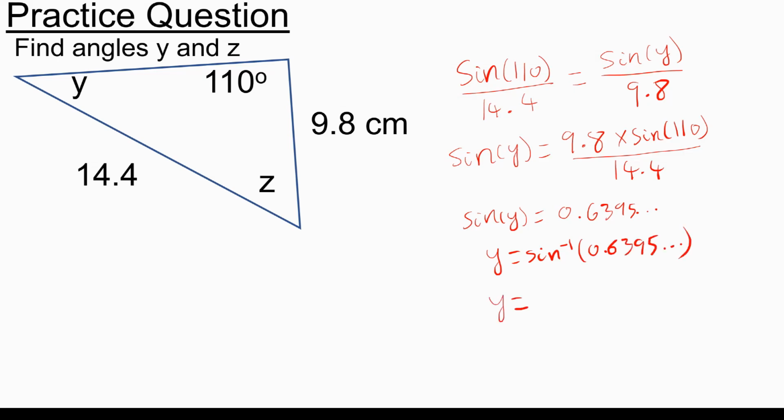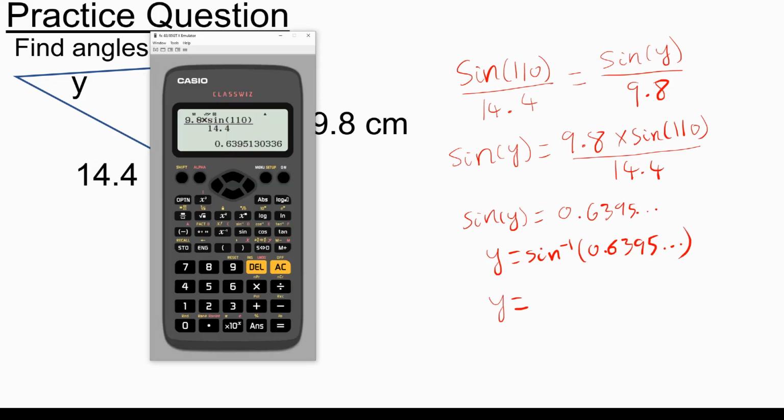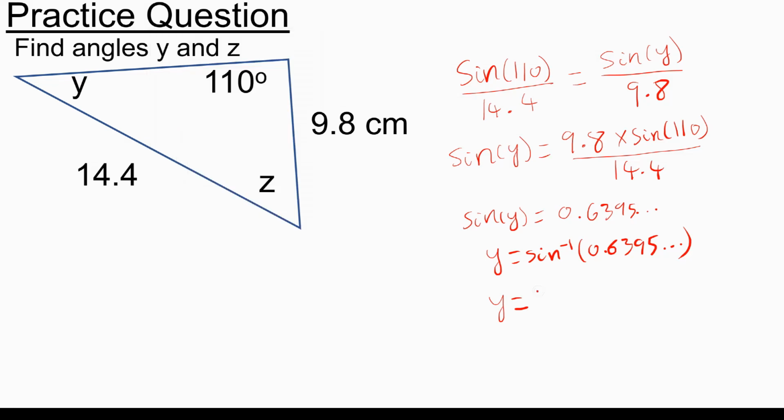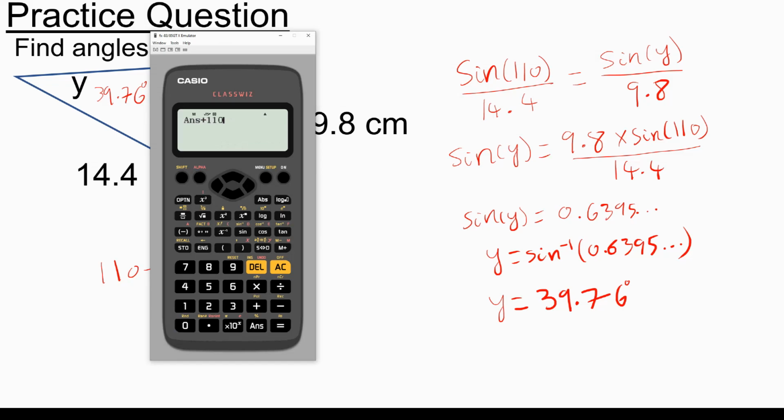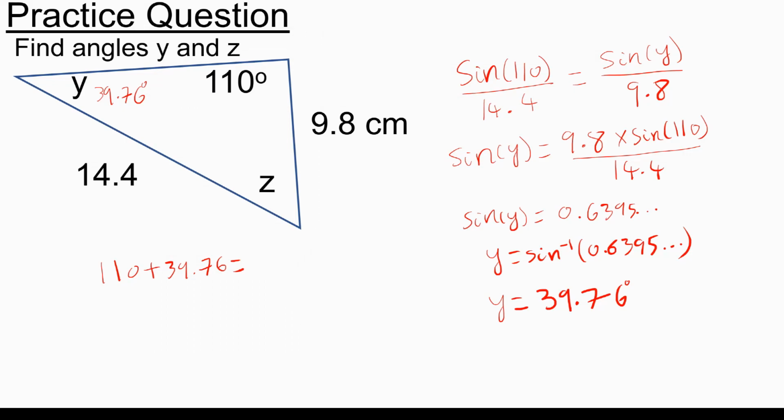So on my calculator, I could just do shift sine ans, giving you 39.76 degrees. That's y. And to find z, I need to do 110 plus 39.76 and subtract the result from 180, because angles in a triangle add up to 180. Which should give me 30.24. So z should be 30.24 degrees.